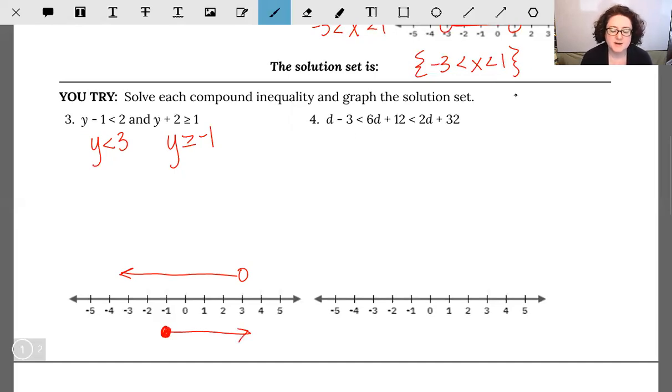So that means my final solution goes from the closed circle to the open circle and everything in between. In other words, my solution set is going to be everything sandwiched between -1 inclusive and 3.